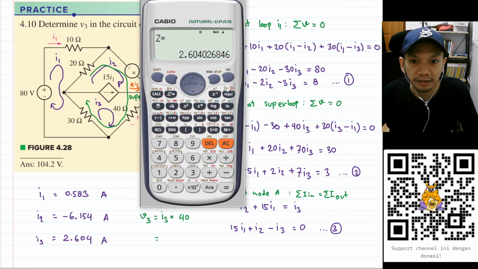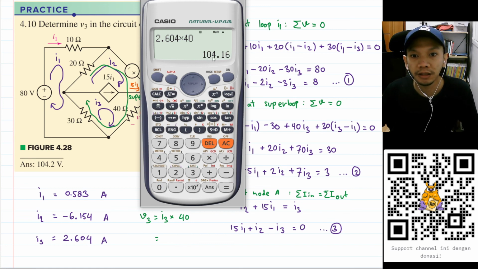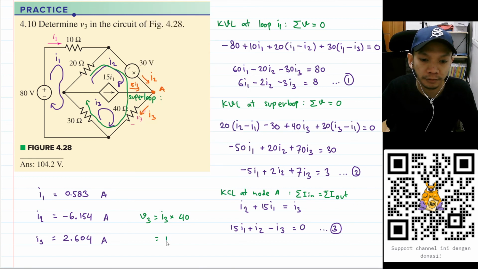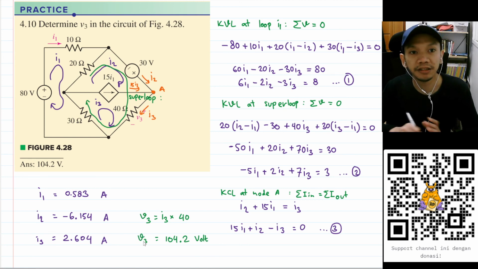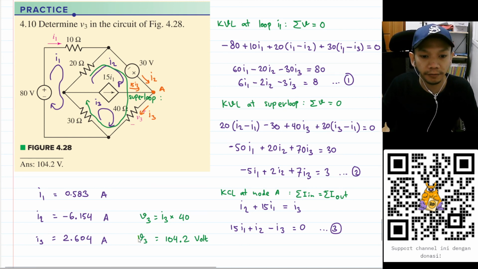Our I3 is 2.604 multiplied by 40, so I will have 104.16 volt, or we can round it up. That is V3, which is the desired answer to this question.